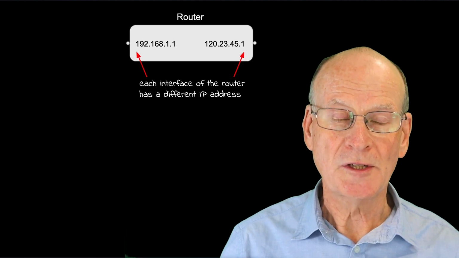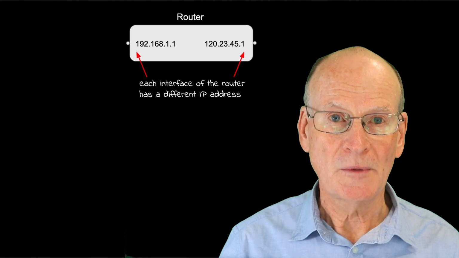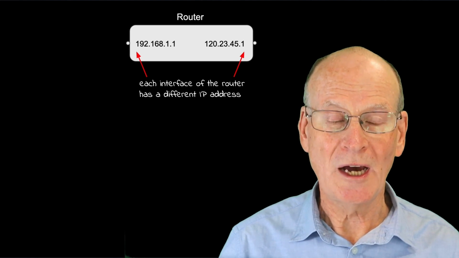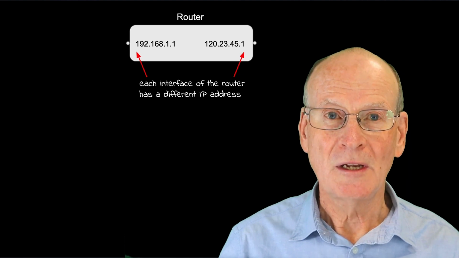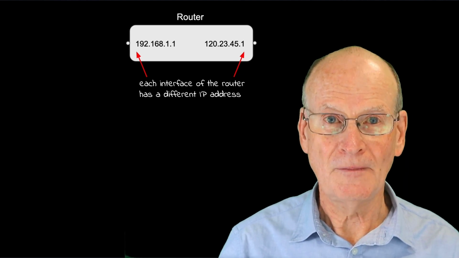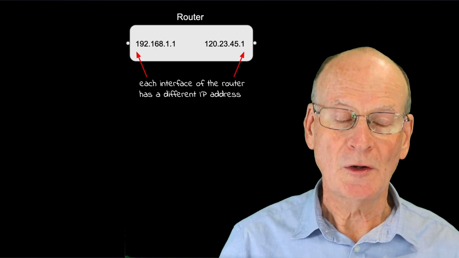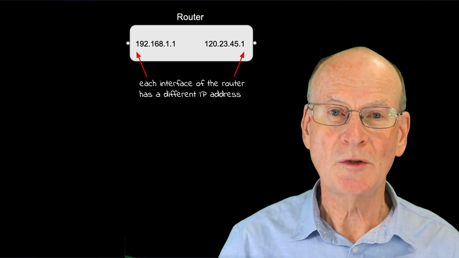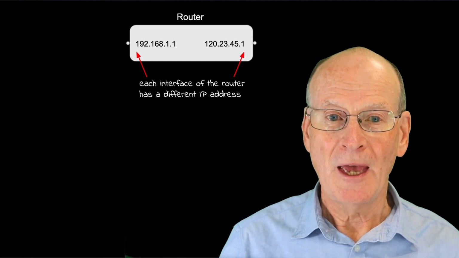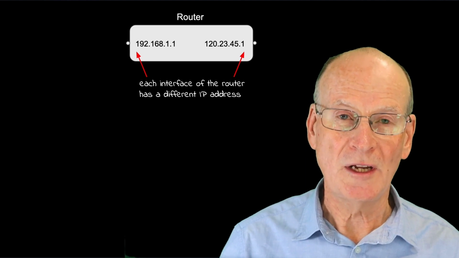And the router will take packets from the local area network and forward them to the wide area network after making some routing decisions and maybe changing the addressing and so on. And you can see that in this diagram. So on the left we've got the local area network, which has its address in the 192.168 range, and on the right we have an address in the wide area network.